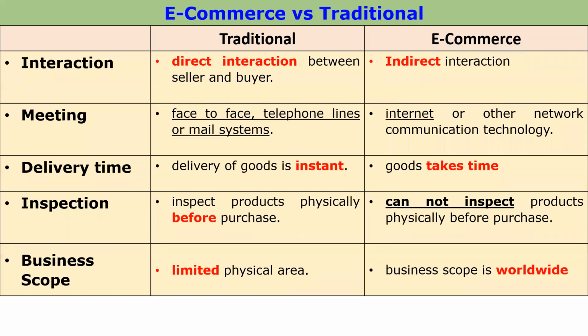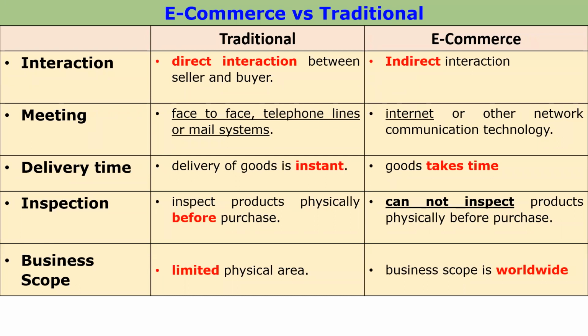Then under e-commerce, there is indirect interaction, which means you can't see your seller. Only after the transaction can you get the product or services. But under the traditional way, you can meet the seller also. Then the second point is meeting.